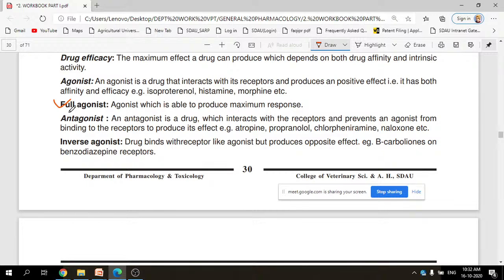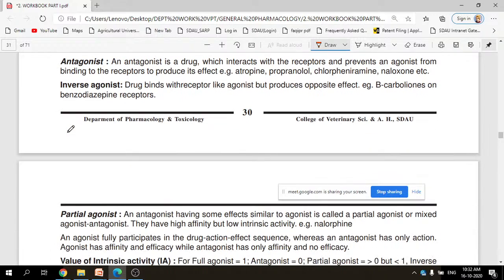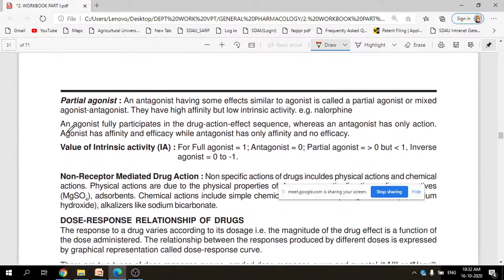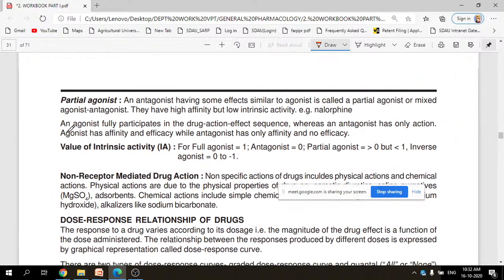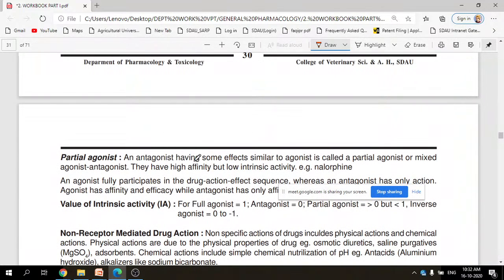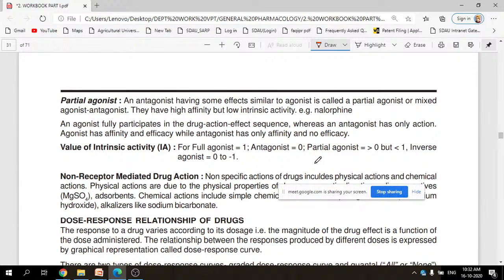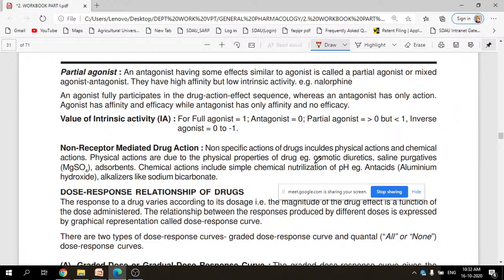Partial agonist means the drug has some effect similar to the agonist. An agonist fully participates in the drug action effect sequence, whereas the antagonist has only affinity.